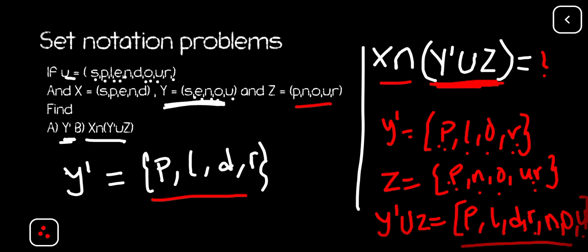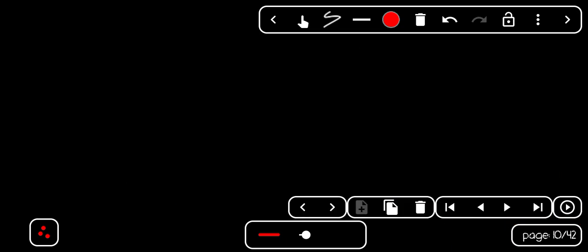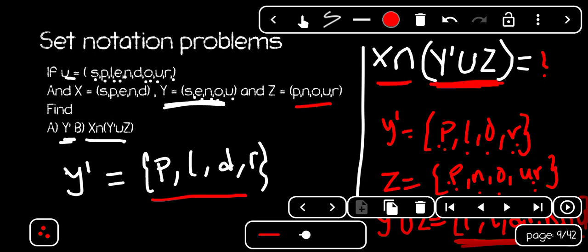We still have this part, X intersection what we just got. So if we put it on a new page, let me get the value of X. X is SPEND.